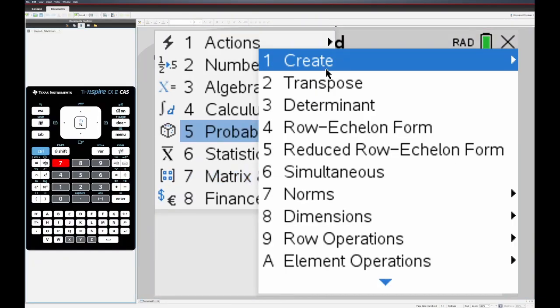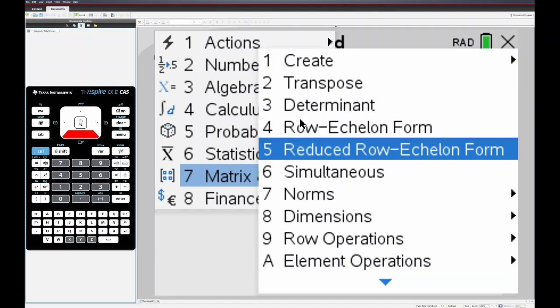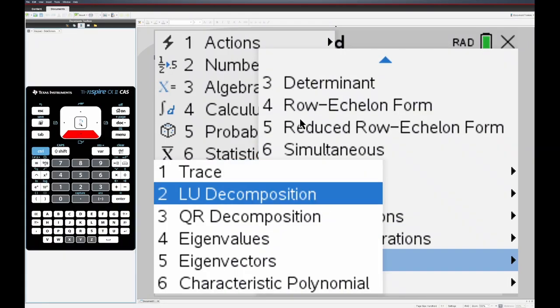Menu 7. Where was it? Advanced, yeah. LU decomposition.